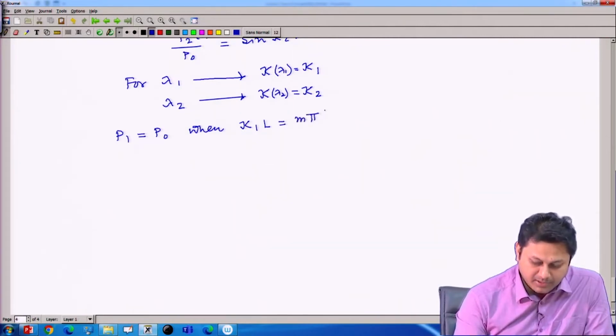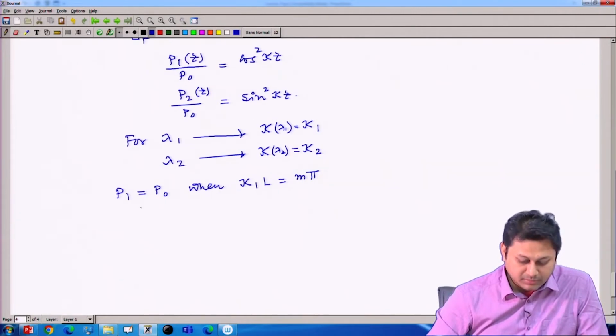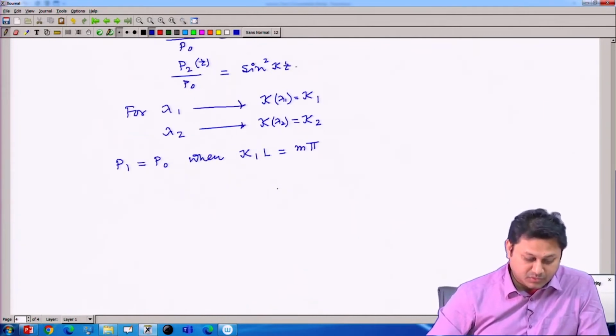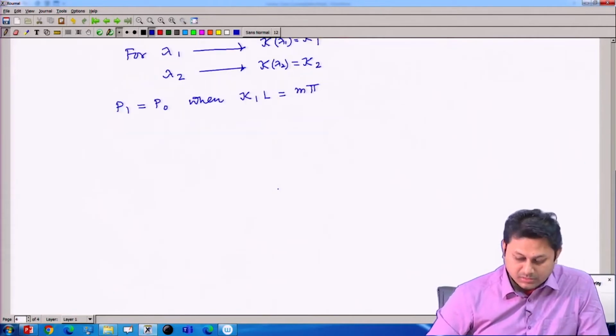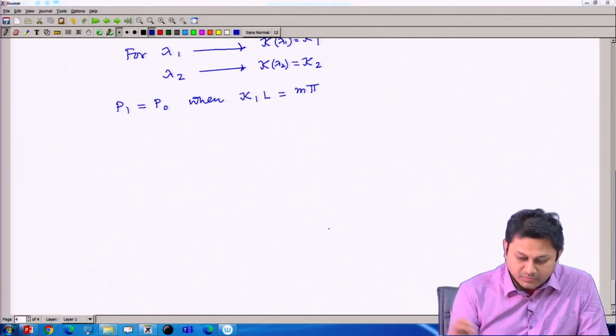So, for wavelength lambda 1, I can have P1 equal to P0, and if I use kappa for wavelength lambda 1 at this condition of m pi, the power will be totally converted to branch 1.